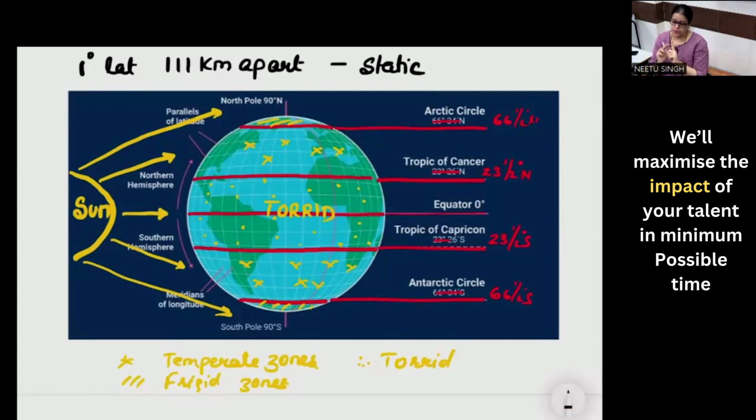The poles are dots, but they are equi-spaced, with no distance variation, so they are 111 kilometers apart. Point second: each degree of latitude is divided into 60 minutes, and each minute is divided into 60 seconds.